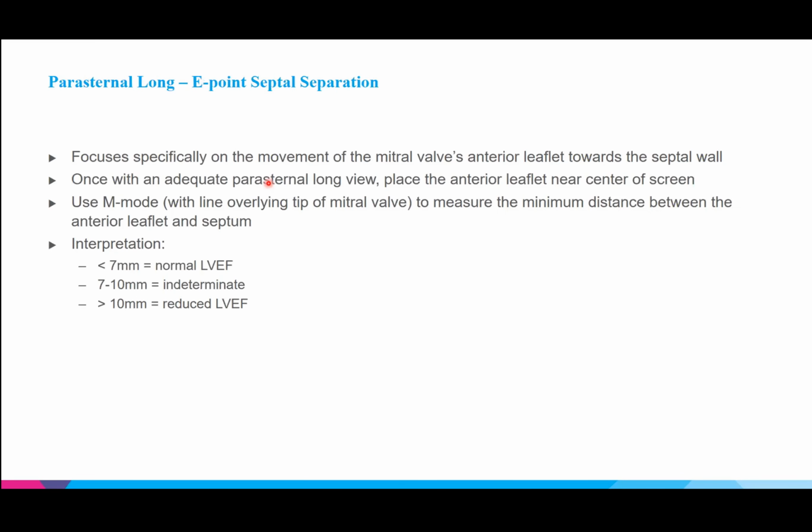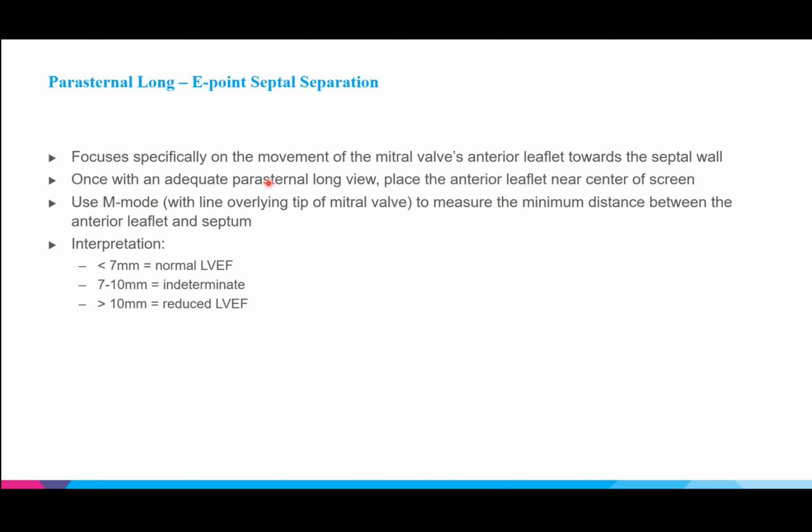There's an extra technique we can use with the parasternal long axis view, called the E-point septal separation. This focuses very specifically on the movement of the anterior mitral valve towards the septal wall. Once you have an adequate parasternal long axis view, you put the cursor at the tip of the anterior leaflet near the center of your screen, and then use M mode, which evaluates motion of a specific area over time.